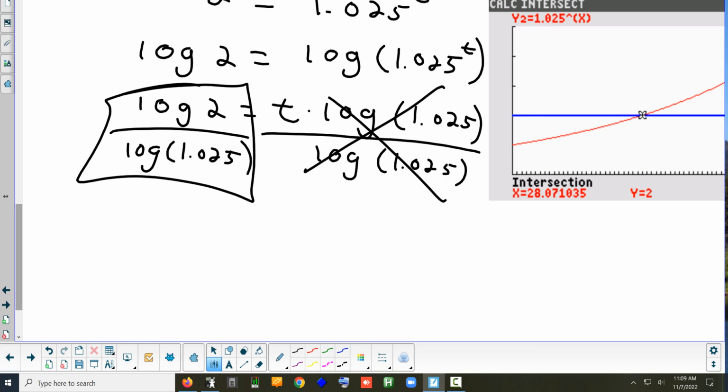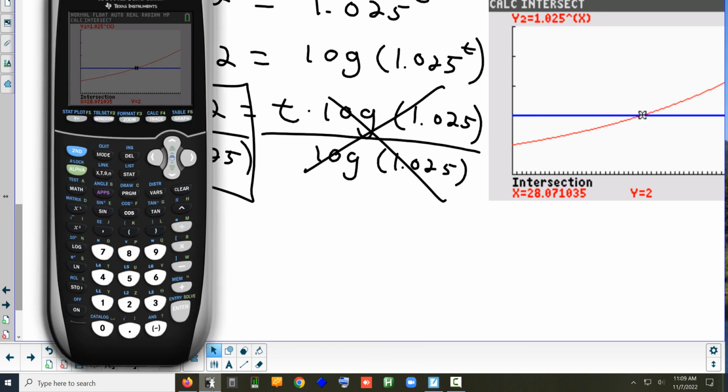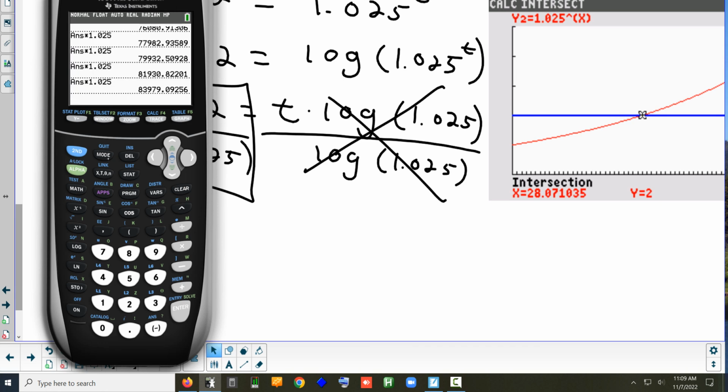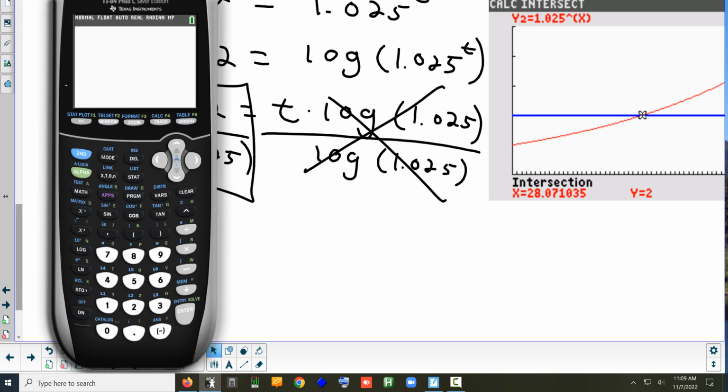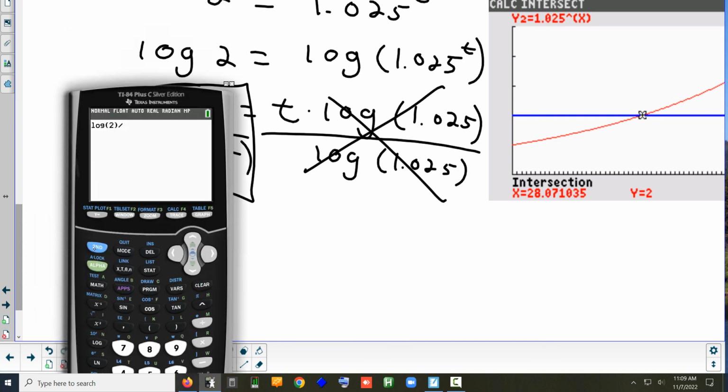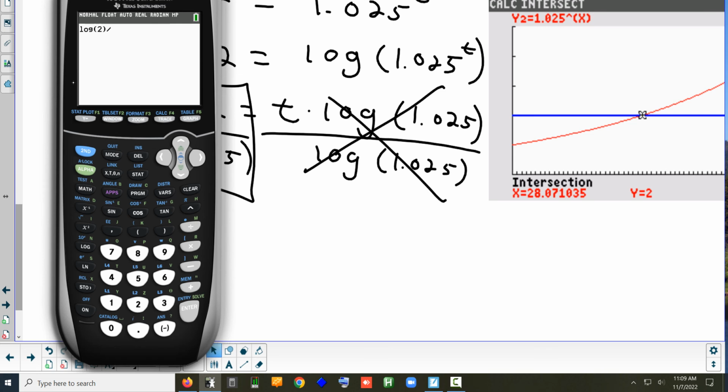If we do that out, we should get 28.07 years. Let's try it. Log of 2, close parenthesis, divided by log 1.025.